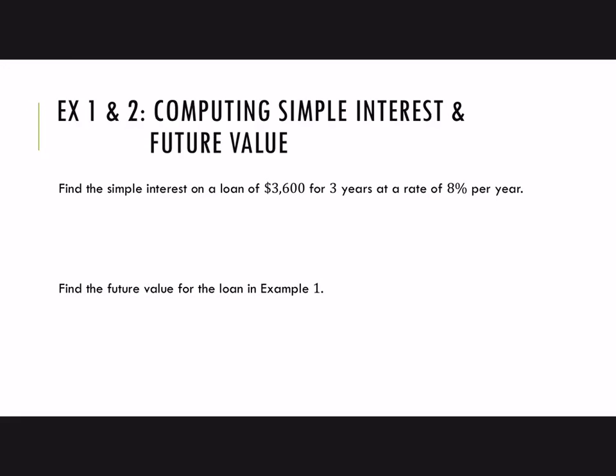Alright, so let's try it out. Let's do an example and calculate simple interest and future value. So first, let's find the simple interest on a loan of $3,600 for 3 years at a rate of 8% per year. Okay, so we'll solve for different things in some of these examples. So first of all, let's focus on what we're supposed to find. Okay, find the simple interest.